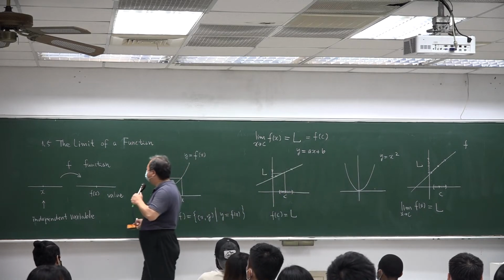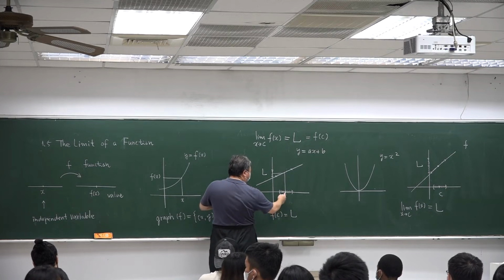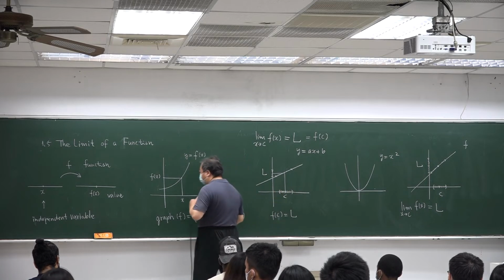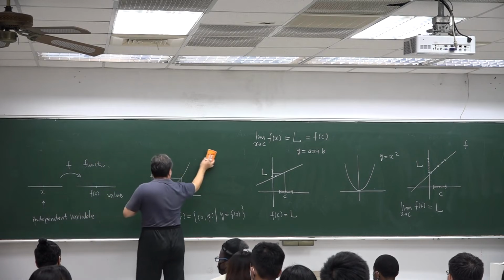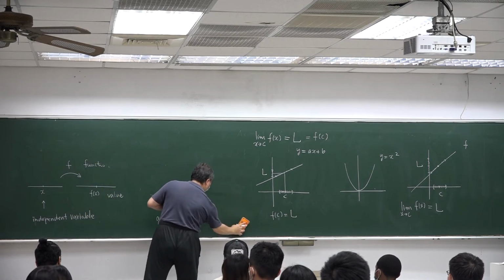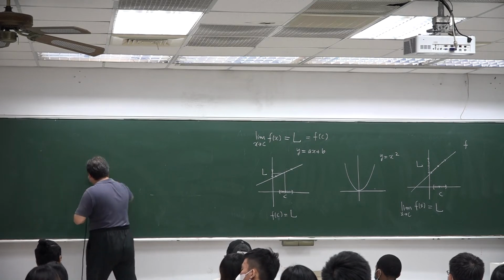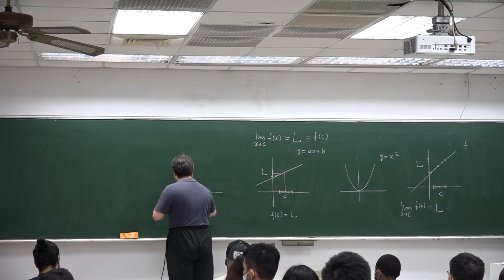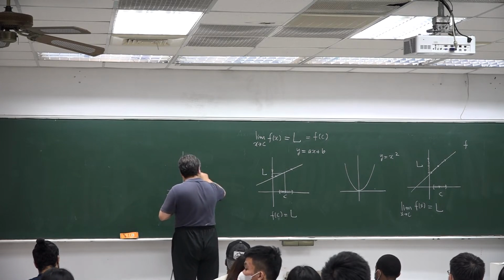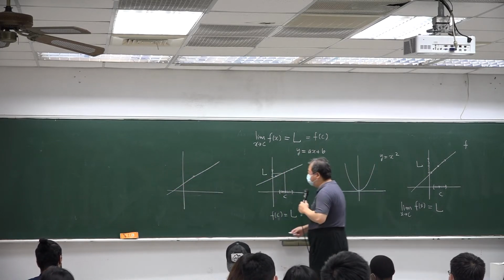Talking about limit, we never concern this position C, but a neighborhood of C. Therefore, if a function f whose graph is almost the same as this one.